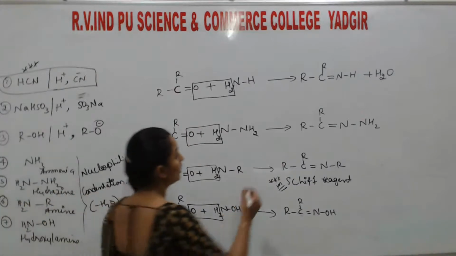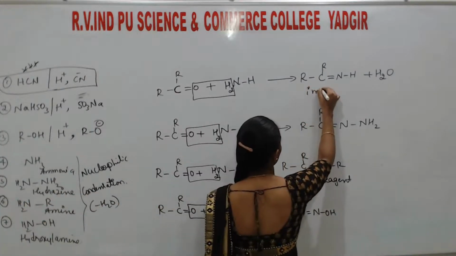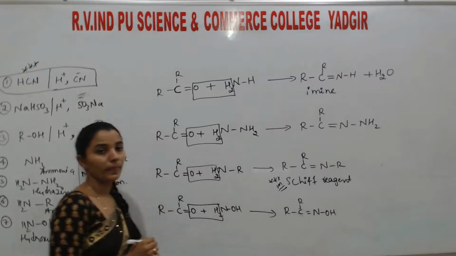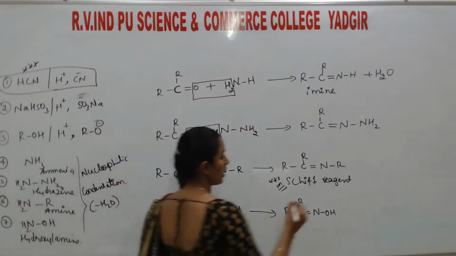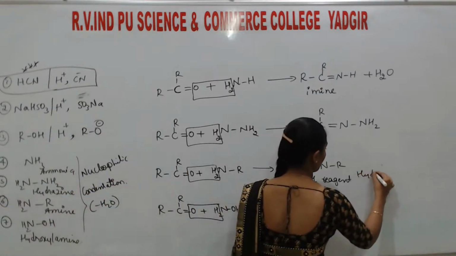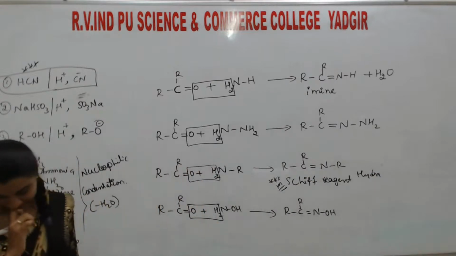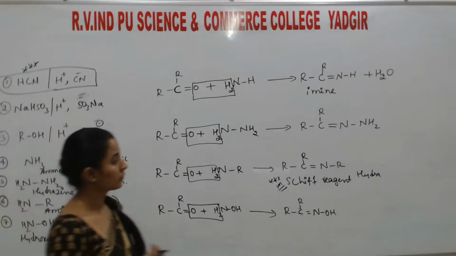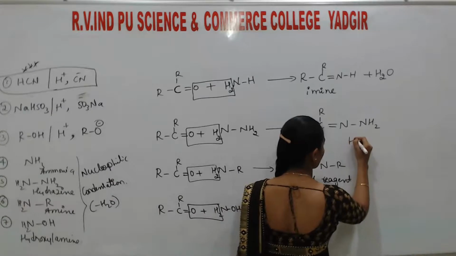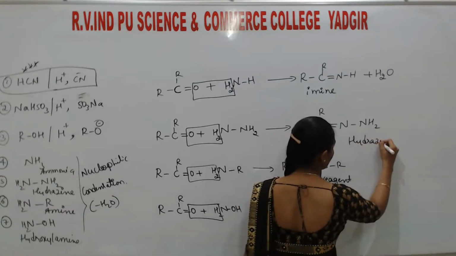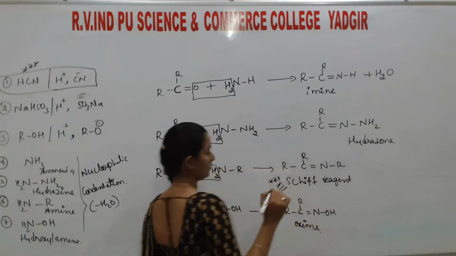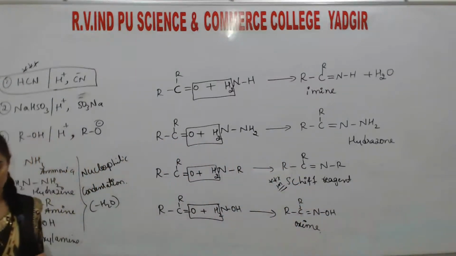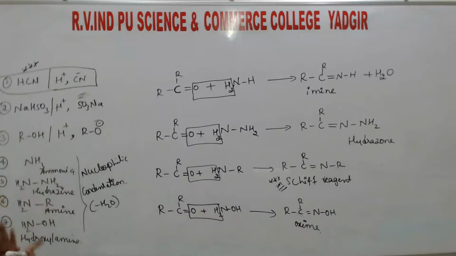Okay, so listen here, this group is called the imine group. If the double bond NH group is there, that is imine. This is hydrazone. This one is oxime.